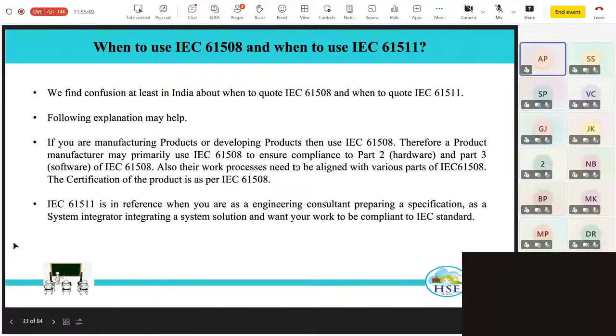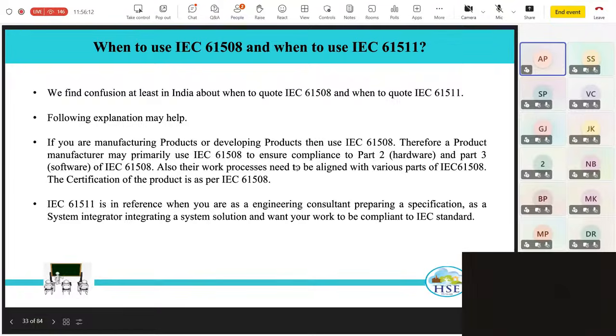Okay, next slide, please. Now, when to use IEC 61508 and when to use IEC 61511: we find confusion, at least in India, about when to quote IEC 61508 and when to quote IEC 61511. So the following explanation may help. If you are manufacturing products or developing products, then use IEC 61508.